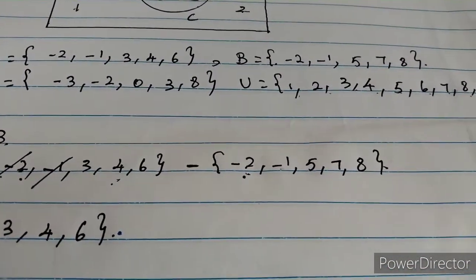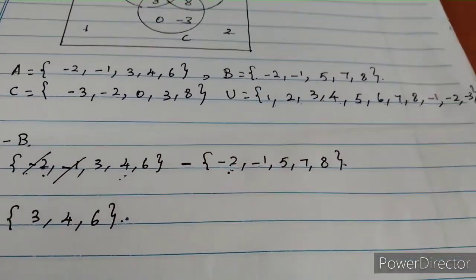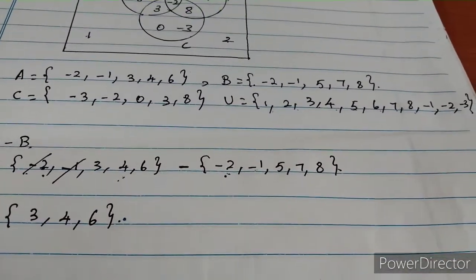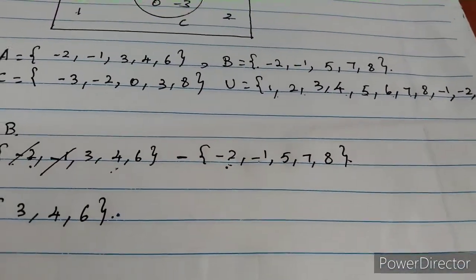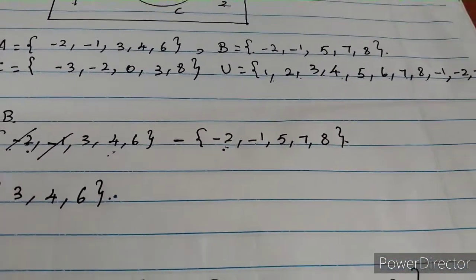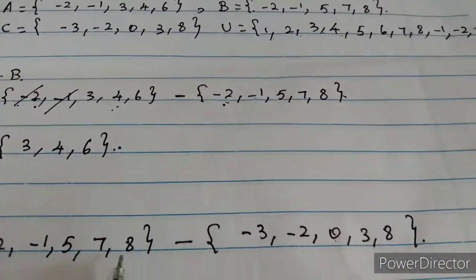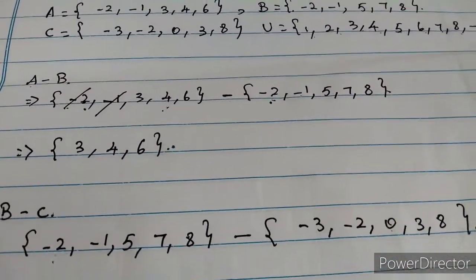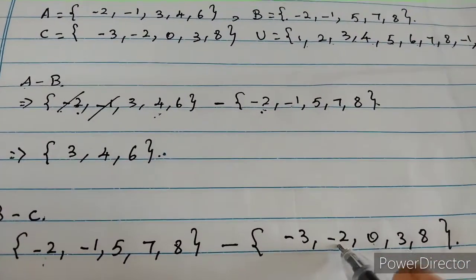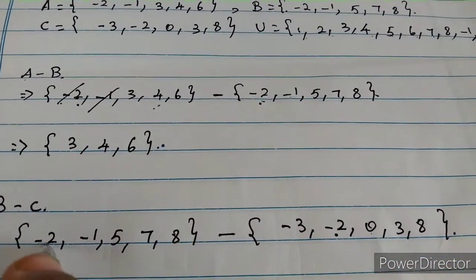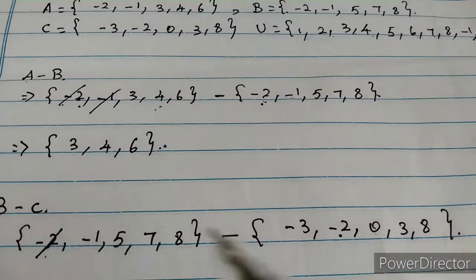You have to find B minus C. That means if any element of C is present in B, strike out that element and write the remaining elements from B. So -2 is present in C and also in B, so strike it out.